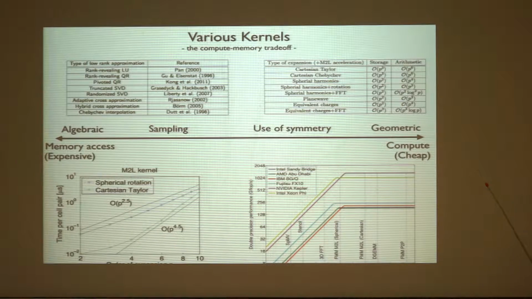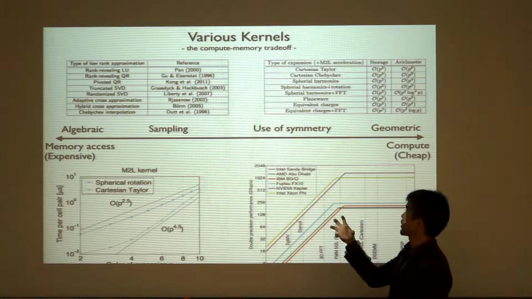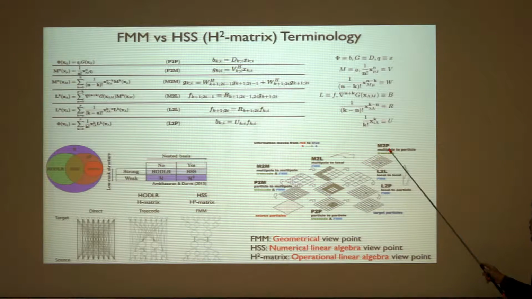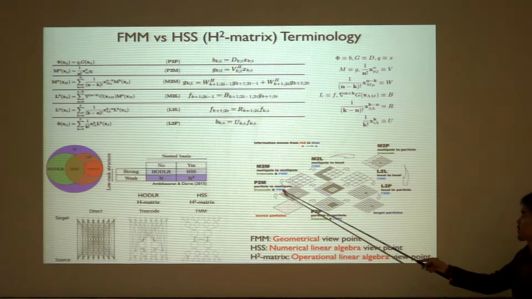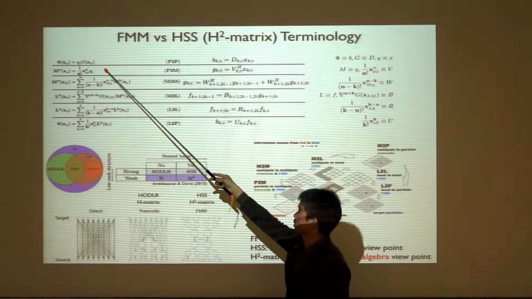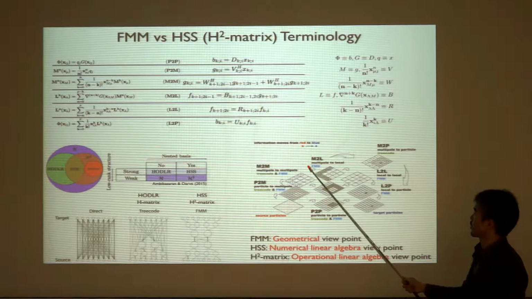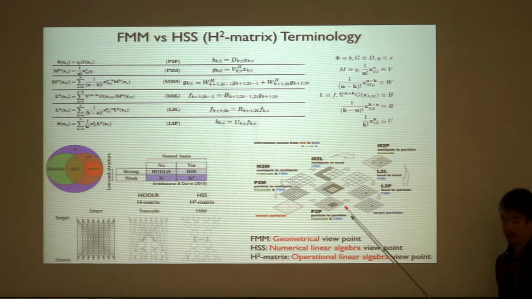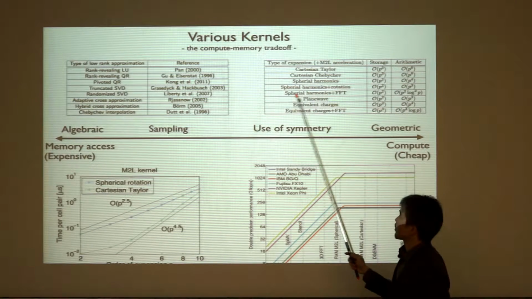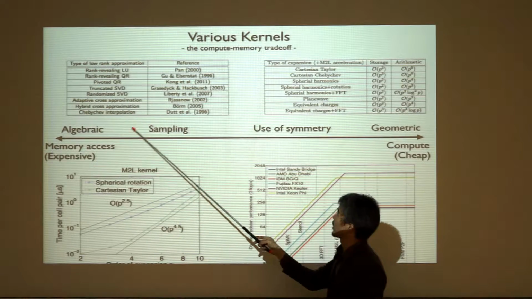Let's see. Yeah, I still have a little bit of time, so I'm going to explain a bit about what happens inside the kernels. I've explained that the FMM does these operations P2M, M2M, M2L, L2L, L2P, and P2P using these equations here. And there were different ways to calculate this expensive part, the M2L translation operation. But there exists the same kind of variety in the matrix form as well.